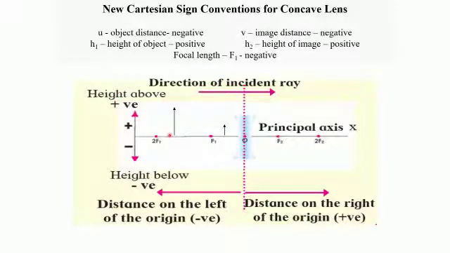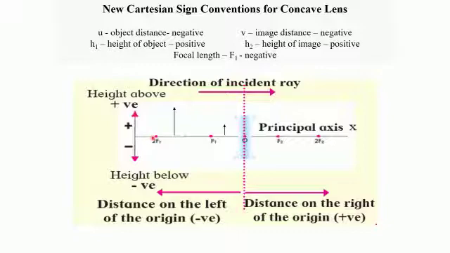Then height of image. Again, image is virtual always. So it is on the principal axis on the same side where the object is. So again I will measure perpendicular to the principal axis and upwards. So again it will be positive. So height of image will be positive. And lastly, focal length, that is f1, is negative, because I will measure from the optical center till f1 on the left hand side of the optical center.